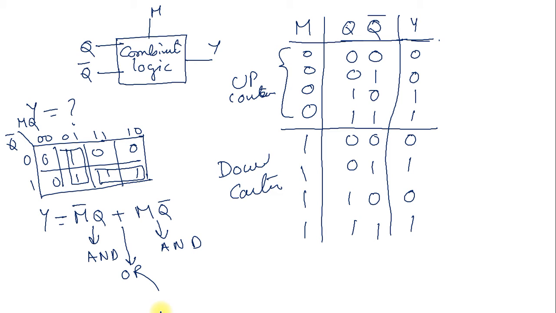So we need 3 gates for the logical circuit to give the clock pulse. Now I can draw the main circuit of this 3-bit up-down counter. For this I need 3 flip-flops, and for this purpose I can consider 3 T flip-flops.